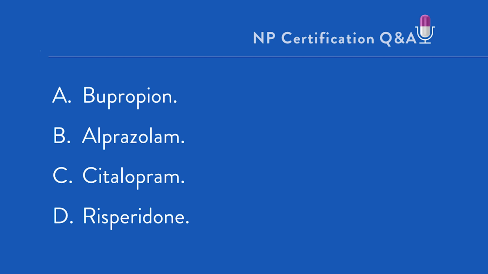First, let's review the information provided. When we're told the person has a diagnosis of panic disorder, on board questions, assume that the data provided is correct. The person, in fact, does have panic disorder.